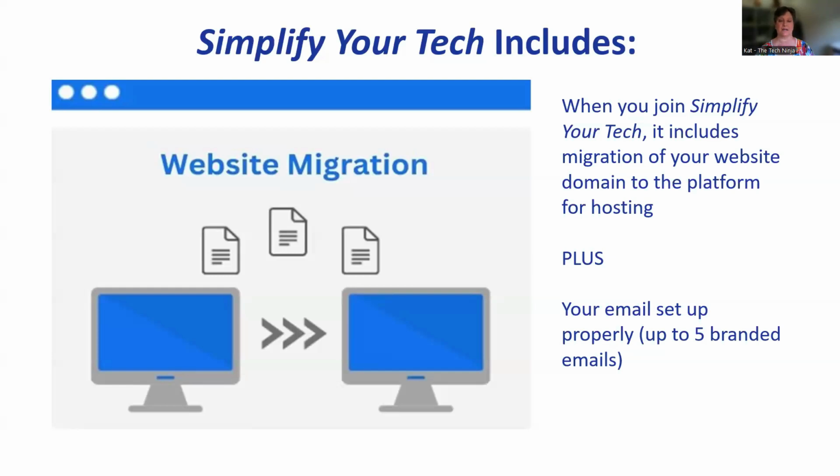So this means that you can rest easy that it is done correctly, because I will tell you, migration of a website and setting up email is an absolute nightmare. There are so many ways that can go wrong, which is why a lot of companies charge for it, because there's a lot that goes into it. This is actually a $1997 value that I give to you for free as a gift.